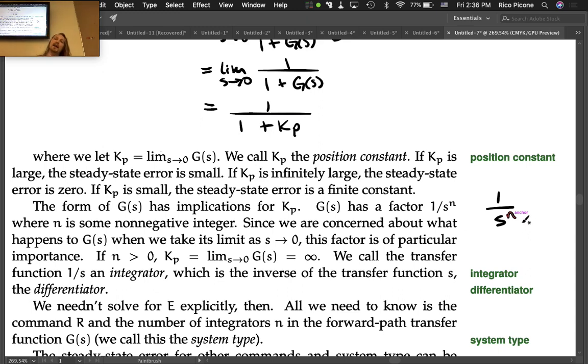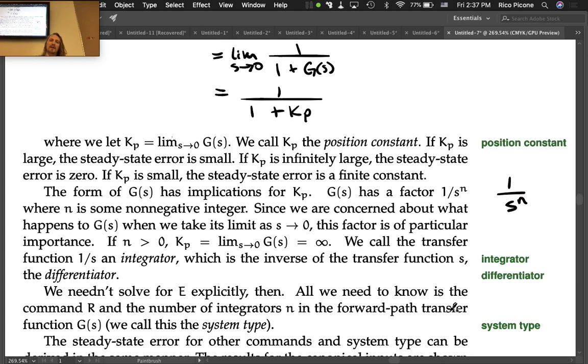So if there is an s you can factor out here, if s goes to 0, for instance, then that's going to make this fraction infinitely large, right? That's important. We're about to look at that. So if n is greater than 0, Kp, which is equal to the limit as s goes to 0 of g of s, goes to infinity, right? So if n is even 1, if you even have one of these terms, then 1 over s goes to 1 over 0, which is infinitely large, right?